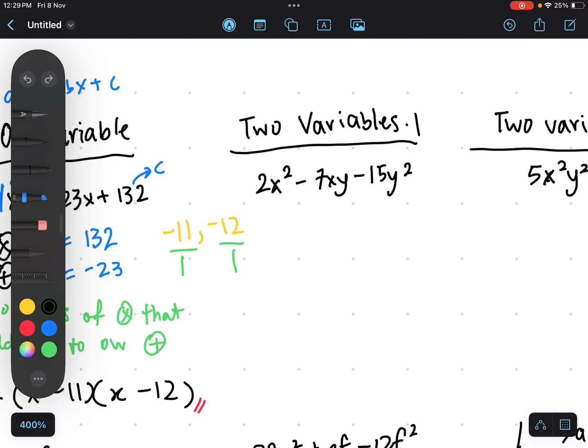Now 2 variables, we do the same steps. We get a multiplication number, which is a times c, 2 times negative 15, that'll be minus 30, and your addition number will be here minus 7. So now we've defined 2 factors of minus 30 that when added up give us minus 7.